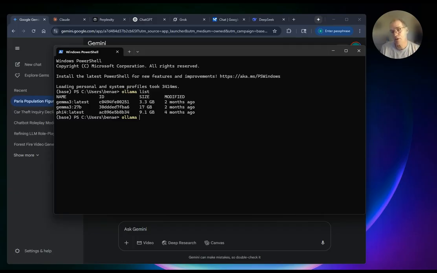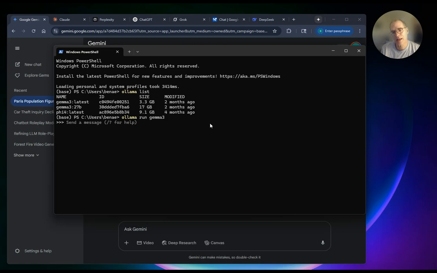So I can just say, Ollama, run Gemma 3. How about that? Gemma 3. And it's a little teeny model, and I'm running it right now on my own computer. It takes a minute to upload it and to get it into its memory. My computer has a GPU on it, which is basically the way all computers run these things, with GPUs or graphic processing units.